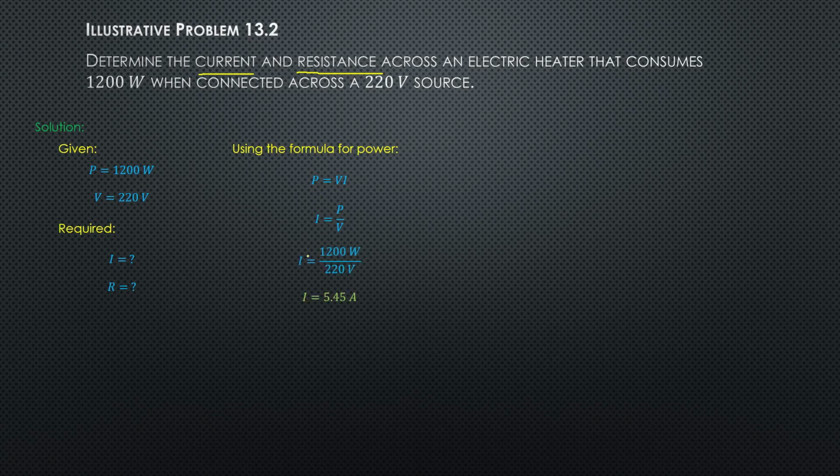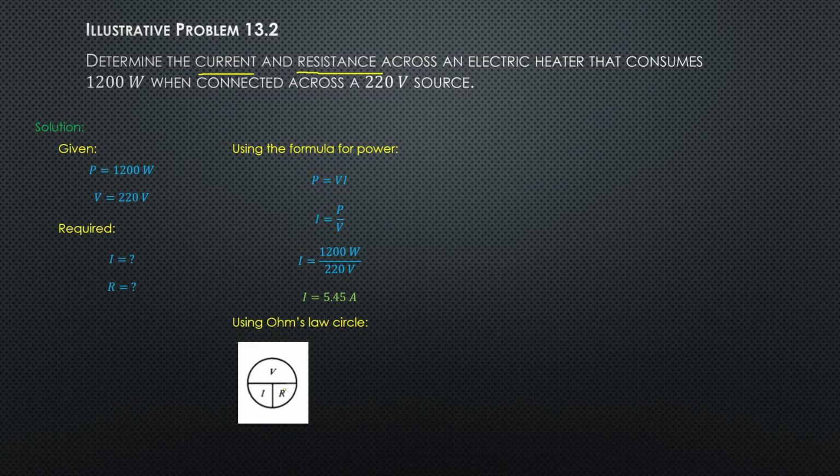Substituting the numerical values, that gives you 1200 watts divided by 220 volts, and that gives you a current of 5.45 amperes.